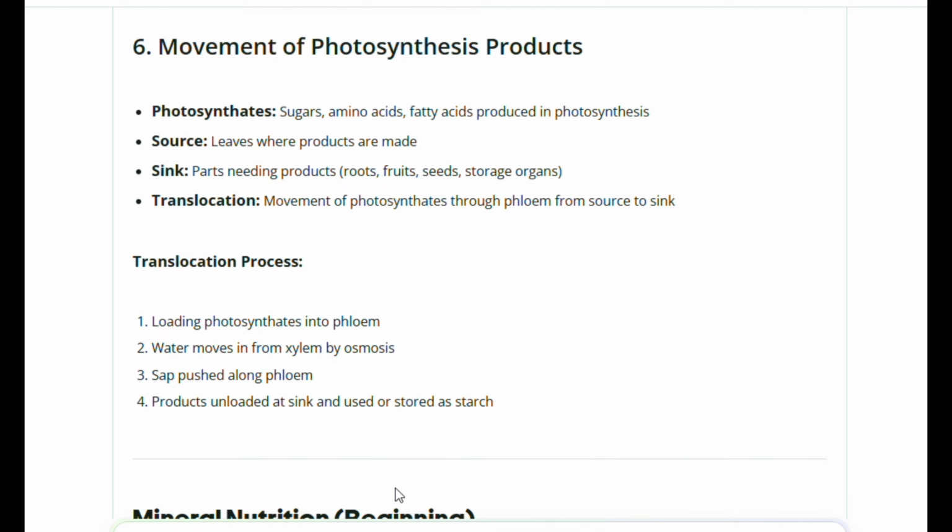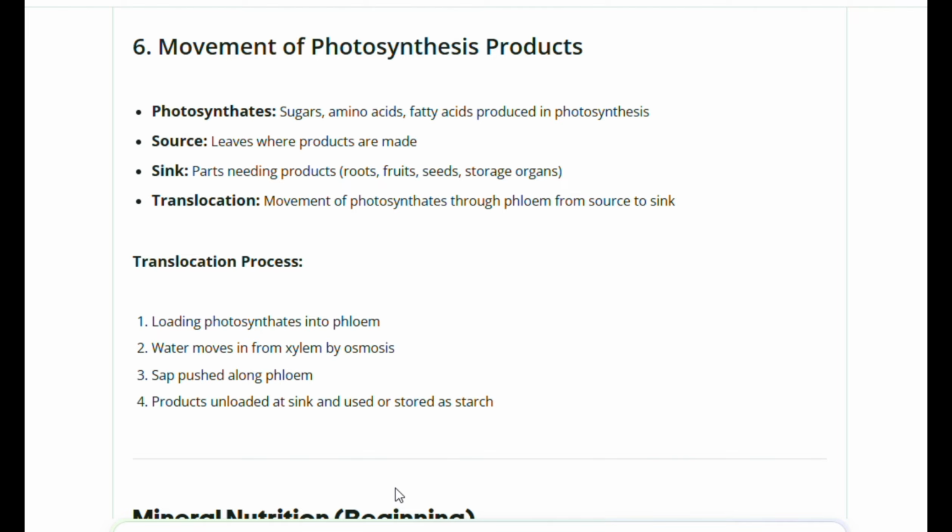Translocation is the movement of photosynthates through the phloem from the source, where they are made, to the sink, where they are needed. The process of translocation: step 1, loading photosynthates into the phloem.